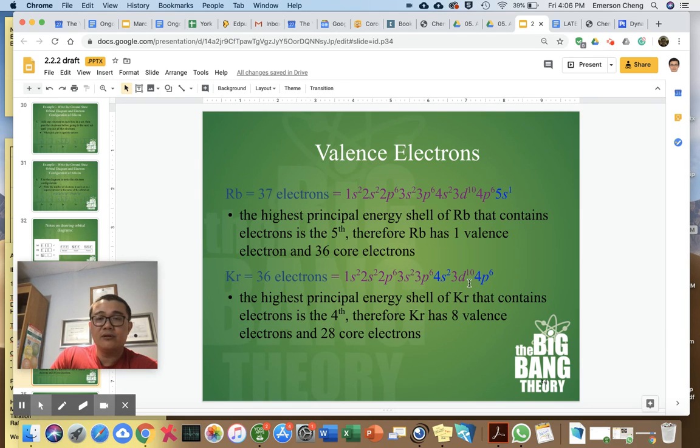The biggest number. Even though this has a higher energy level, this is not the same thing, okay? You're talking about the subshells. You're talking about the largest principal energy shell. So this still has 6 valence electrons. So we have six electrons plus two, so it's 8 valence electrons.